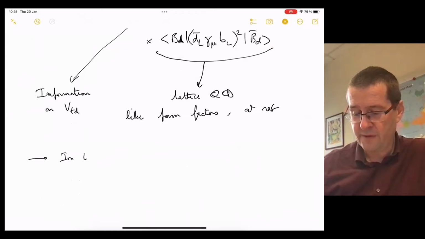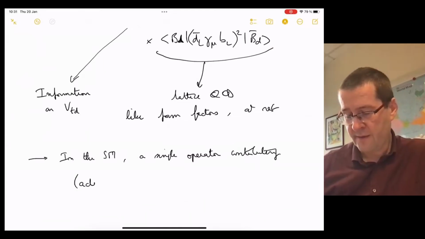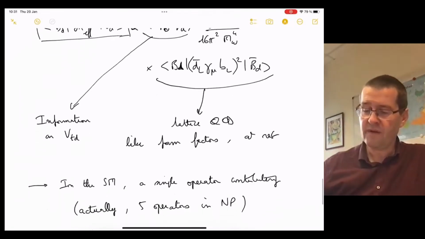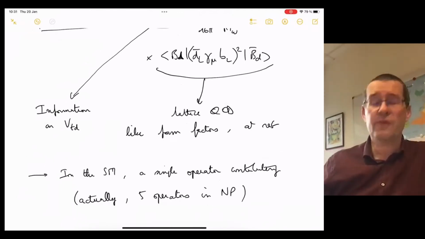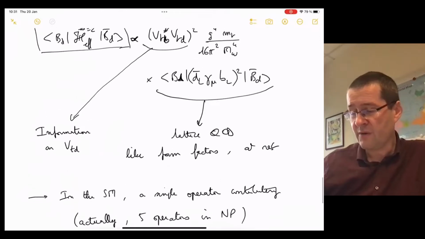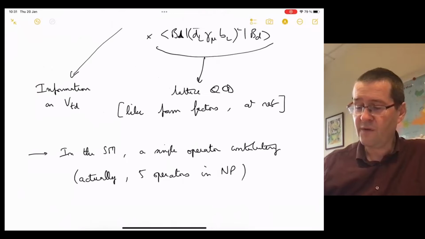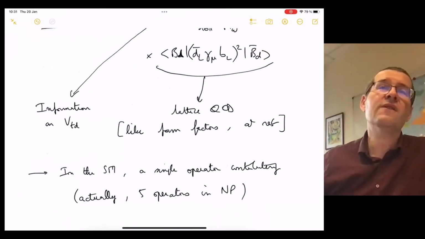So in the standard model, there is a single operator contributing, but actually we have 5 operators in new physics in general, if you look at the kind of structures you can allow. All of them are known now, have been computed using those same techniques, and are known to quite high accuracy. Sometimes you have also a specific normalization, which is more historical than anything else.